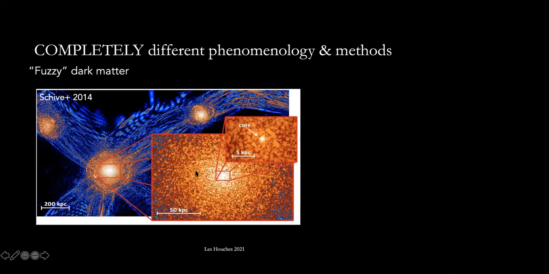And so you get extremely different phenomenology, and typically the simulation methods are different for this type of dark matter than for the more particle-like dark matter. So one of the things that you see here is a solitonic core. And then these ripples in the density field are basically time-changing ripples, basically interference effects for your wave-like dark matter.